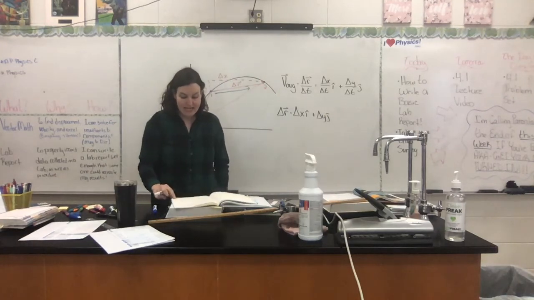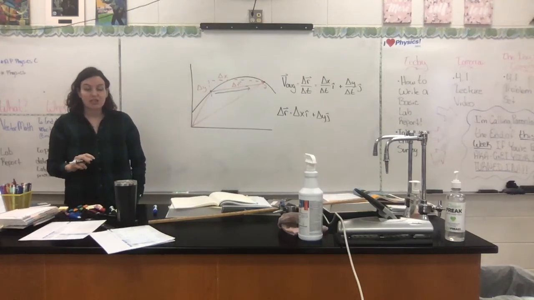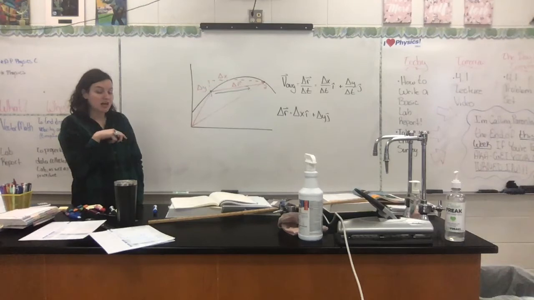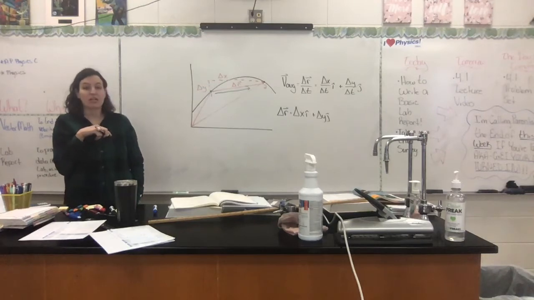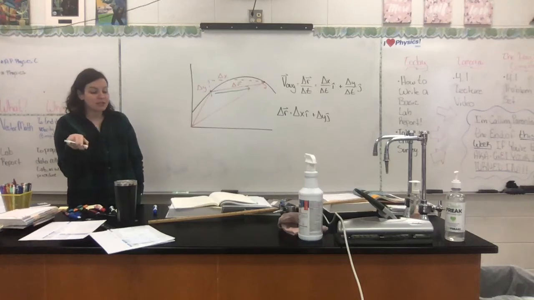And then we also have to consider instantaneous velocity. Do you guys remember that last time when we talked about instantaneous velocity, we talked about how the limit as our delta t approaches 0 of delta x over delta t?